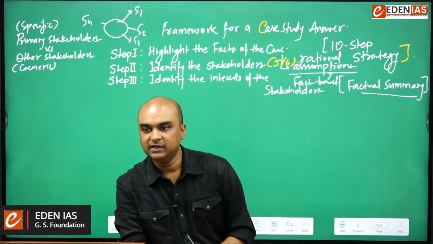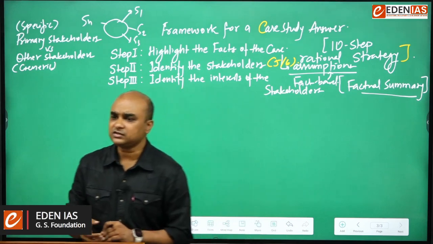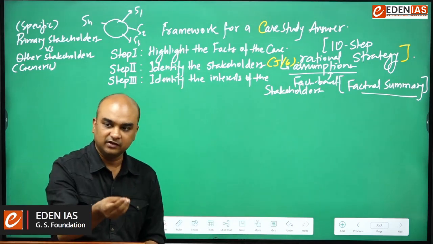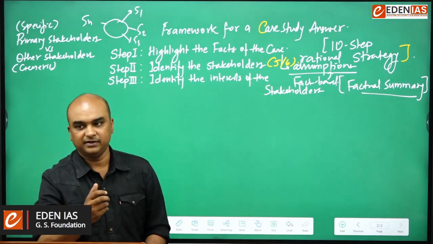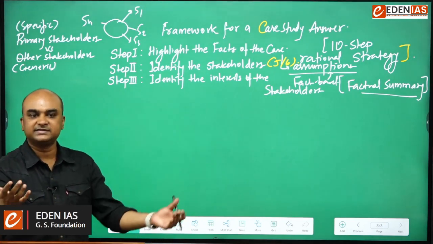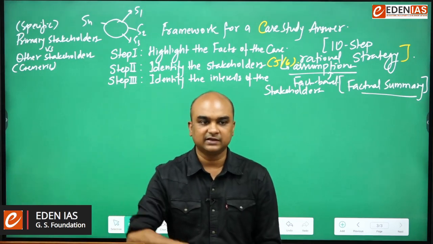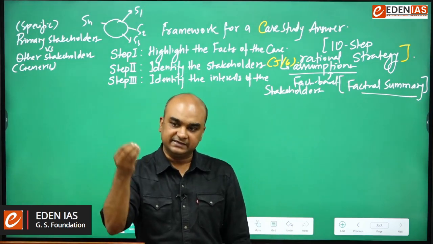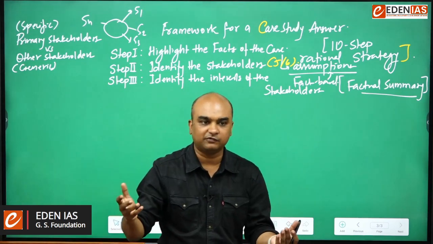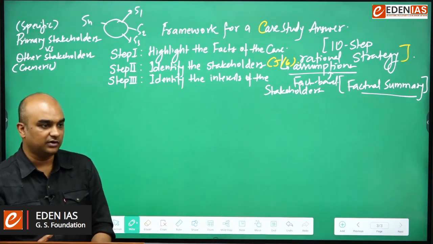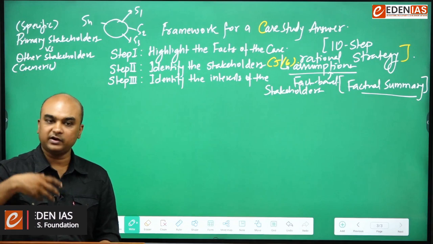Do you understand that? Like say for example, government may have interest in preserving law and order. People may have interest in getting some benefits or services from the government. Investors may have interest in development of a fair investment climate. So every stakeholder has one or more interests.